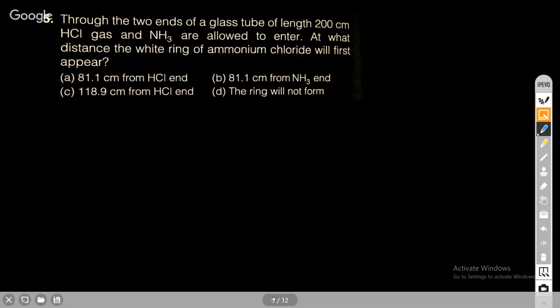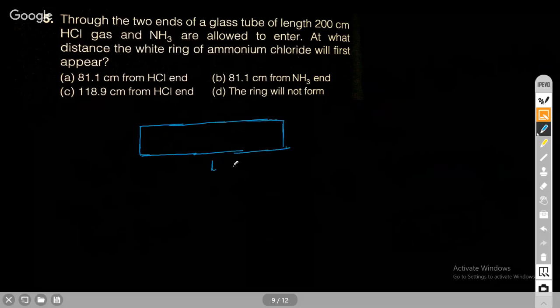The question is, through two ends of a glass tube of length 200 centimeter, HCl and NH3 are allowed to enter. At what distance will the white ring of ammonium chloride first appear? Suppose we have a glass tube of length 200 centimeter.